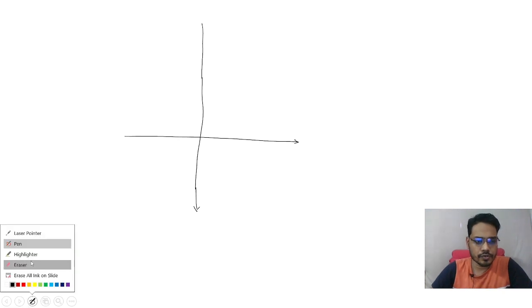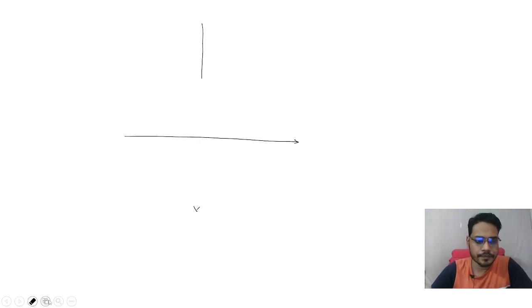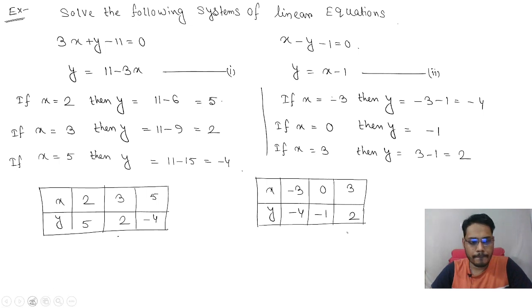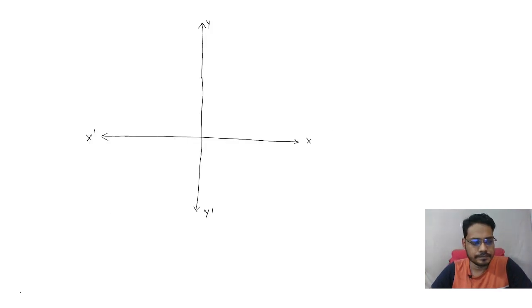Just a second, I need to draw properly. So it will be the y-axis, y dash, and x, x dash. Now if you put the points, you will get 2 comma 5.